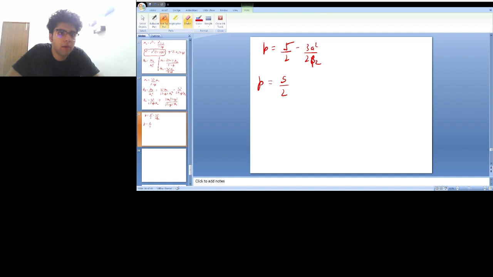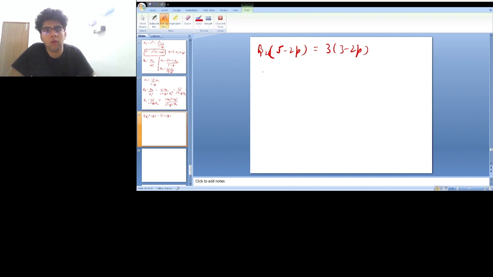So I'm left with beta 2 into 5 minus 2p is equal to 3 into 3 minus 2p. So this gives me 5 beta 2 minus 2p beta 2 is equal to 9 minus 6p.